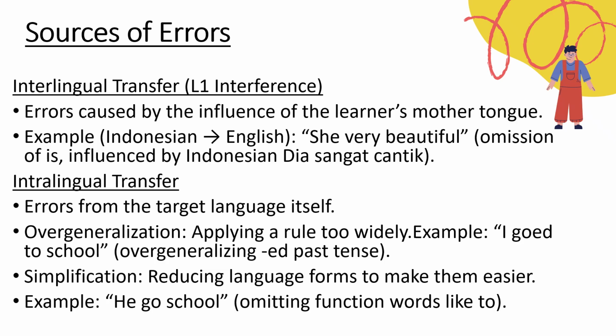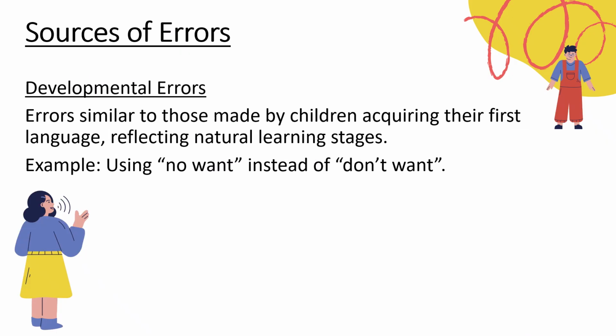But in the case of Indonesian, it's not necessary because we just say dia ke sekolah, right? He go school. Why do we need to add to? So we just want to simplify it. Again, this is an example of how languages, from L1 and L2, interfere with how we develop our brain to communicate well in English.